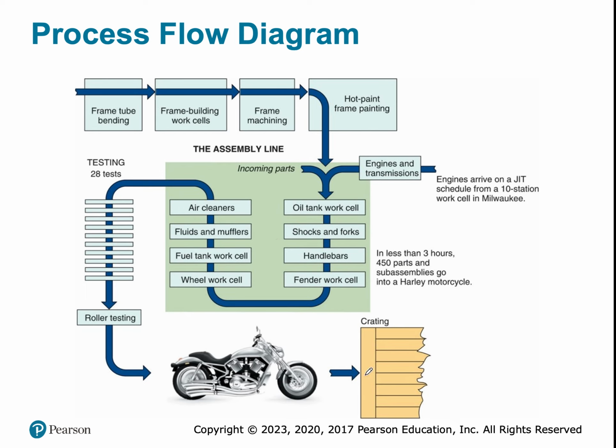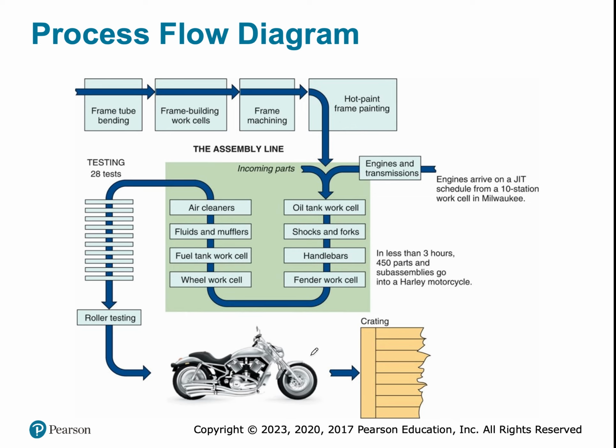The tube, the tires, and everything was ready. They went into testing. They did 28 tests. Then they went to roller testing. After the first 28 tests, they did roller testing, and then grading. So this was the process of how they were producing their motorcycles using the lean manufacturing process.